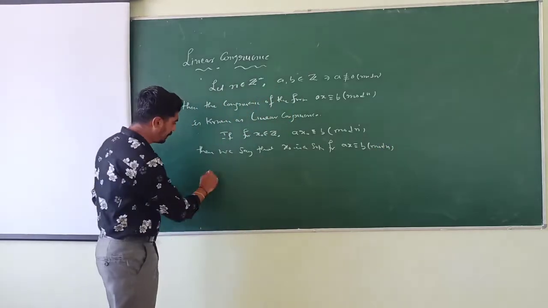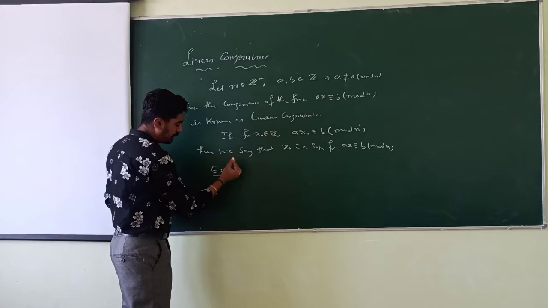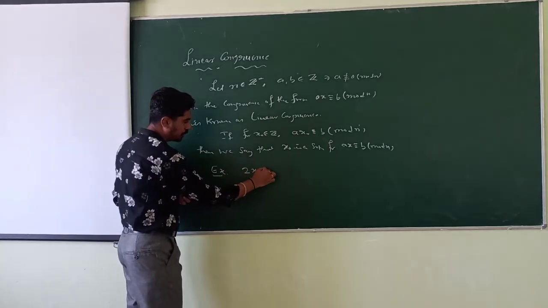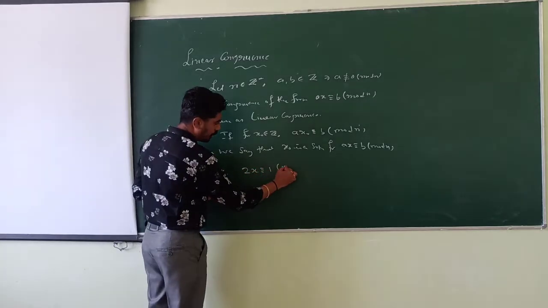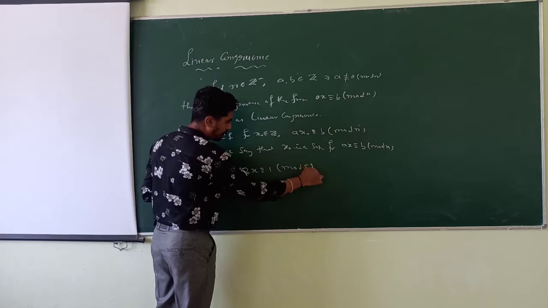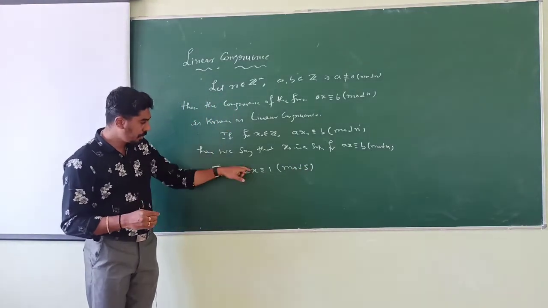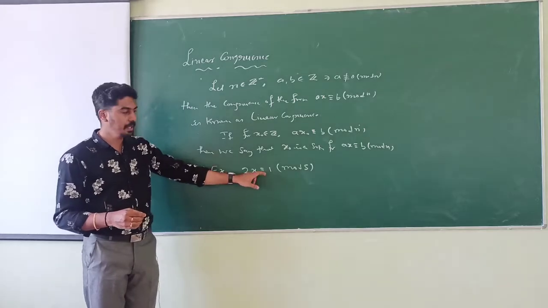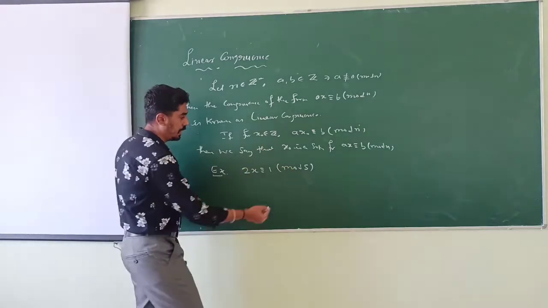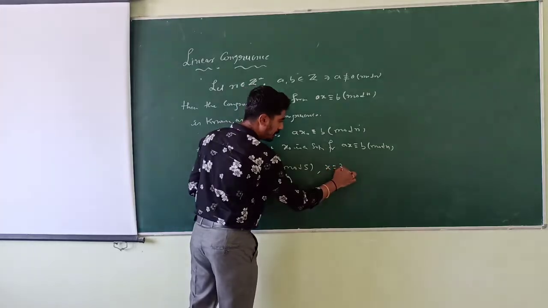For example, consider the linear congruence 2x congruent to 1 modulo 5. When I put x equal to 3, I get 2 into 3 is 6, 6 minus 1 is 5, which is a multiple of 5. Therefore, x equal to 3 is a solution.